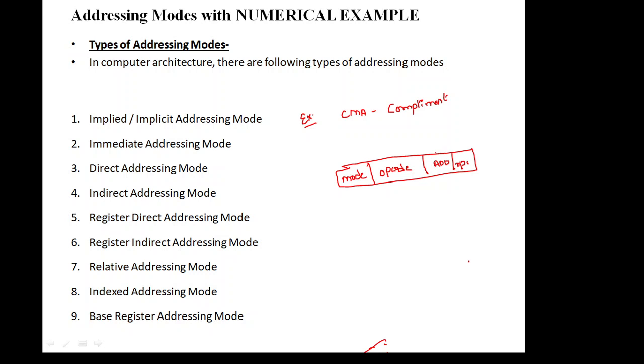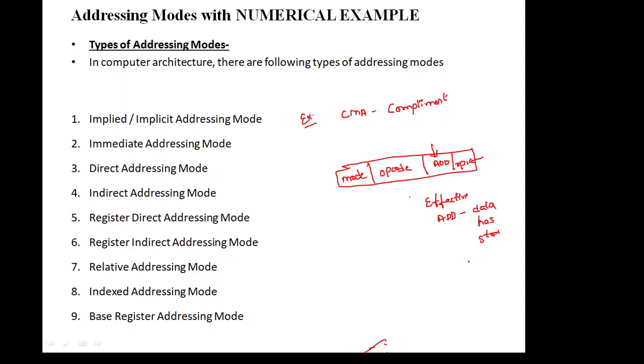Here we can either specify the address where the data has been stored, or we can directly specify the operand. Operand is nothing but data, and here you have to know the term effective address. Effective address is nothing but where the actual data, the operand, has been stored; that address we call an effective address, fine.